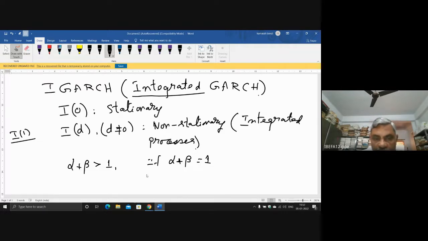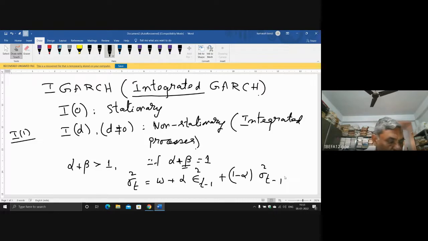For this, the conditional variance equation should be omega plus alpha epsilon squared t minus 1 as usual, plus, in the place of beta, you write 1 minus alpha, times sigma squared t minus 1.